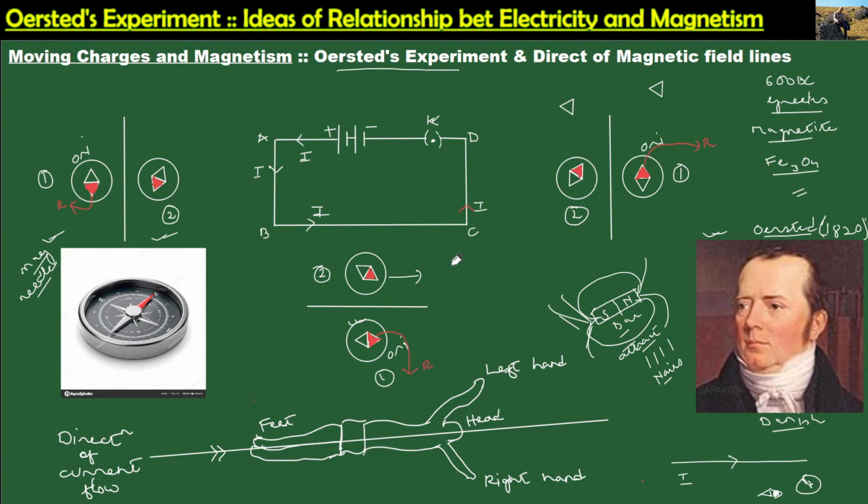The deflected position, when the magnetic compass shows a certain deflection, indicates that there is some kind of a repulsive force. Okay? There is some kind of a repulsive force.